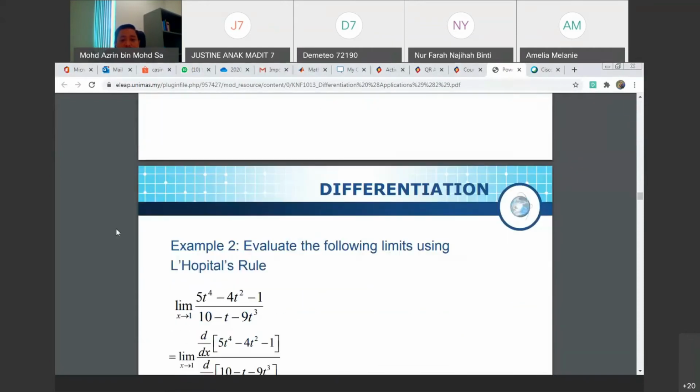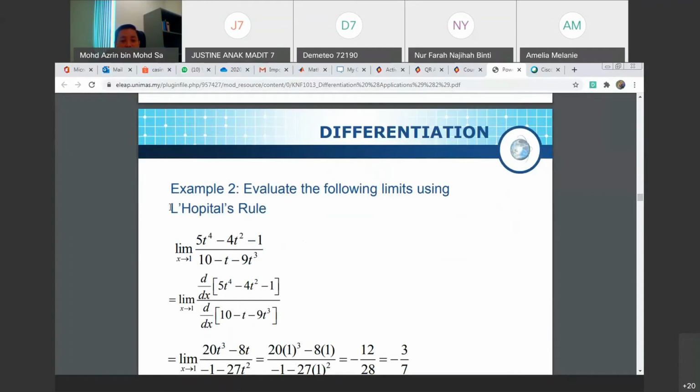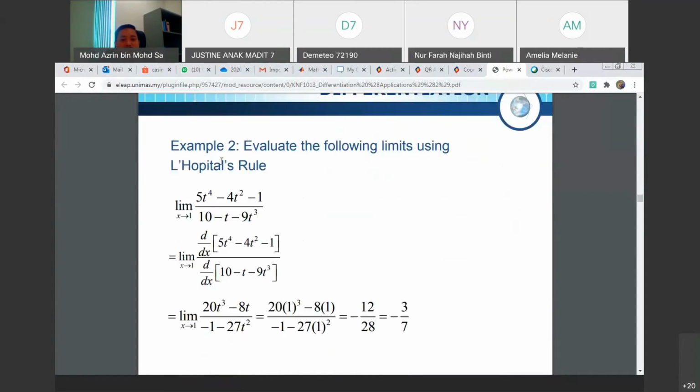Another example also, by using the L'Hopital's rule, this limit you need to differentiate also.